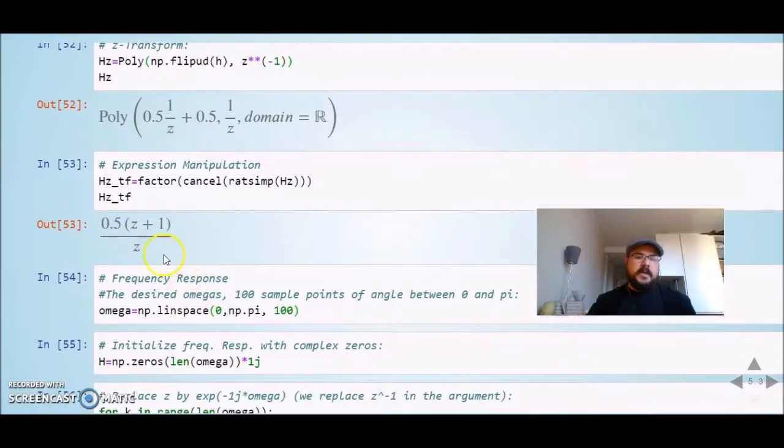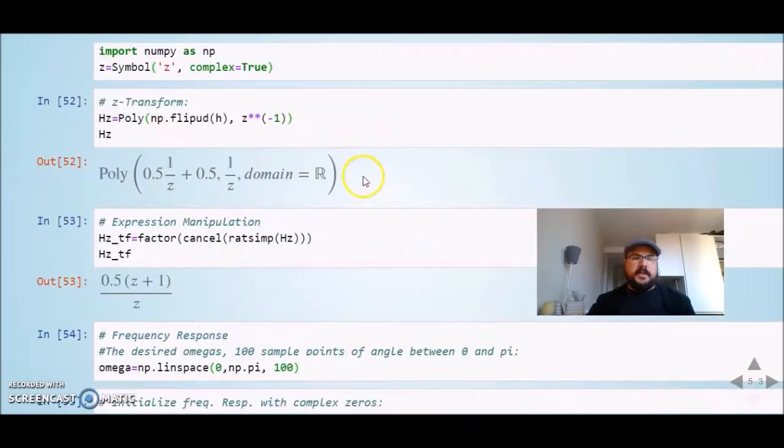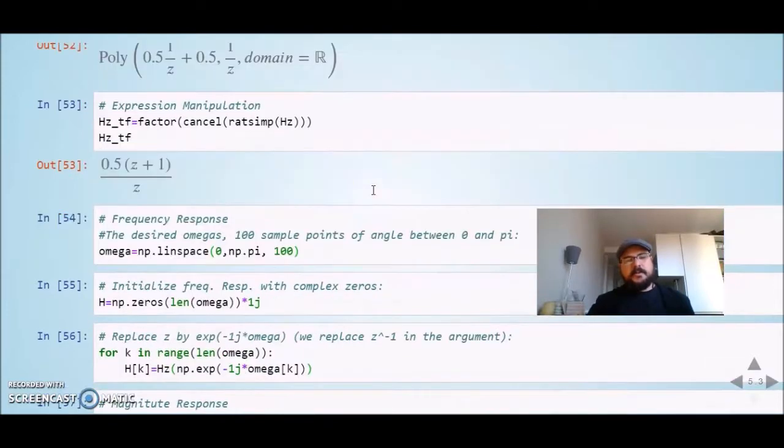Now if we replace Z by e to the power of j omega and we choose the desired frequencies, we're choosing 100 points between 0 and pi, so pi will be up to half of the unit circle in the complex domain.